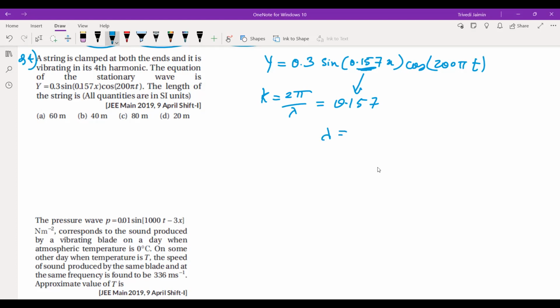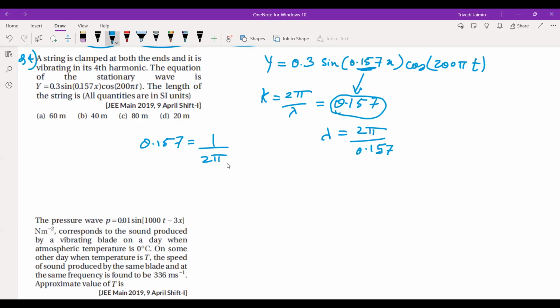So lambda equals to 2 pi by 0.157. And remember this one short trick, 0.157 is equals to 1 by 2 pi.